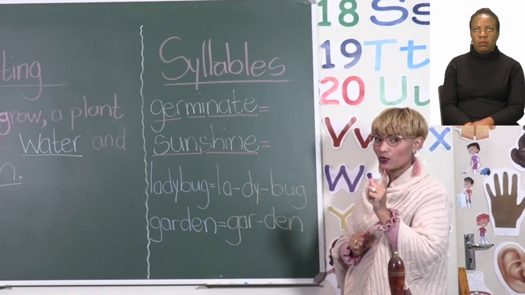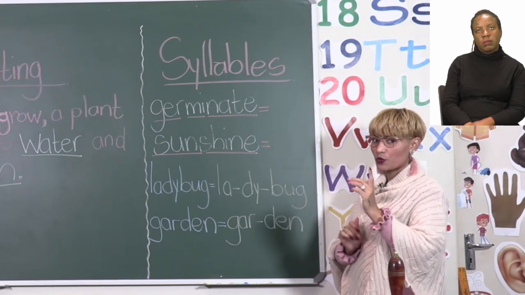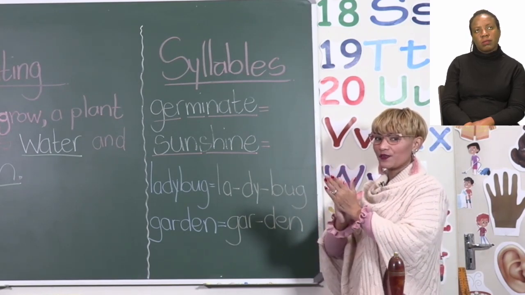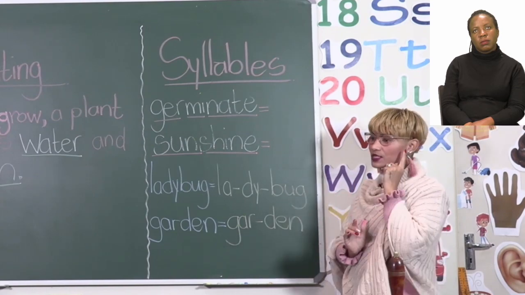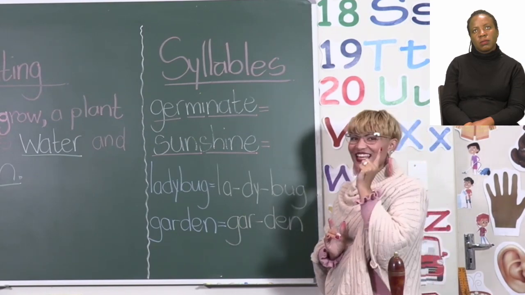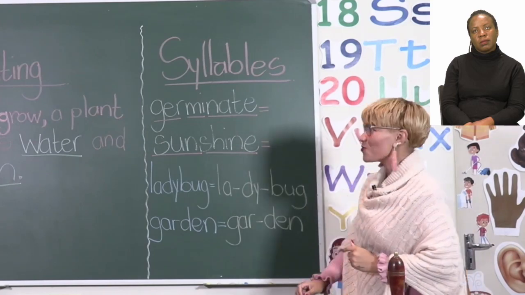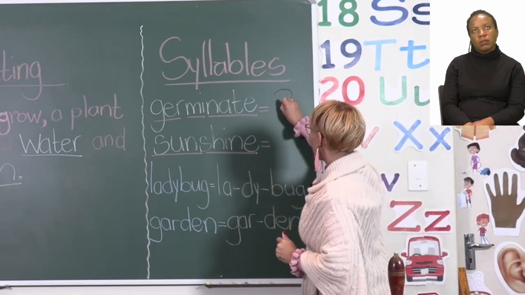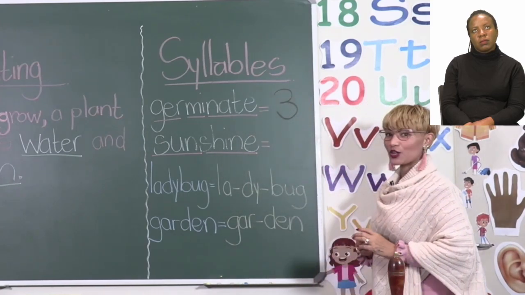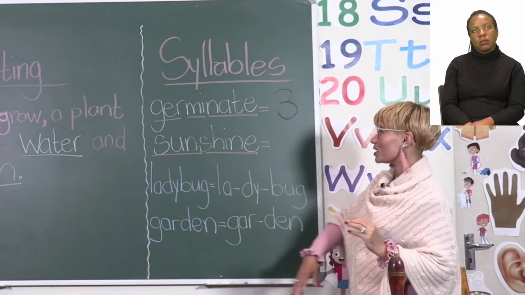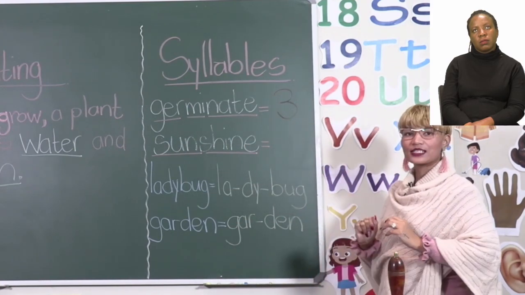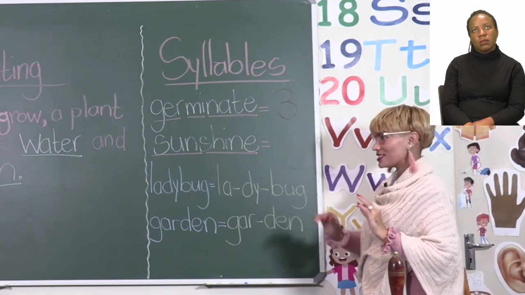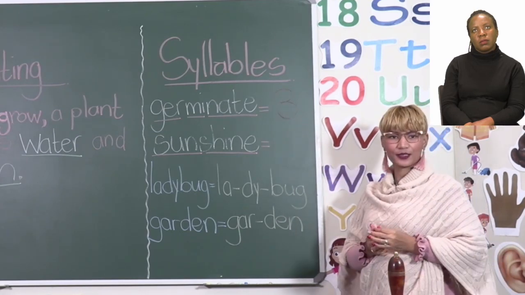How many times did we clap? Let's do it one more time. Germinate. How many times did we clap? That's right, boys and girls. We clapped 3 times. So that means that the word germinate has 3 syllables.